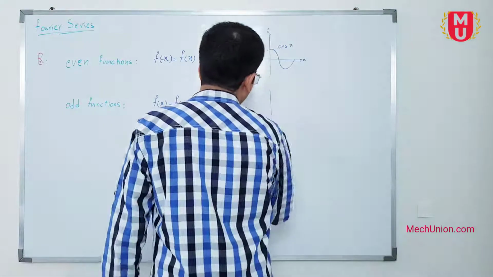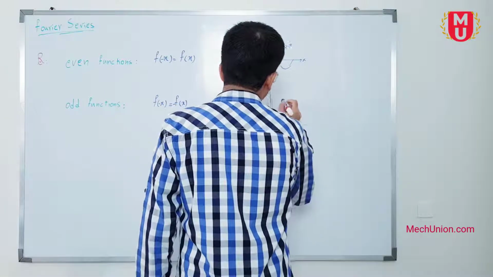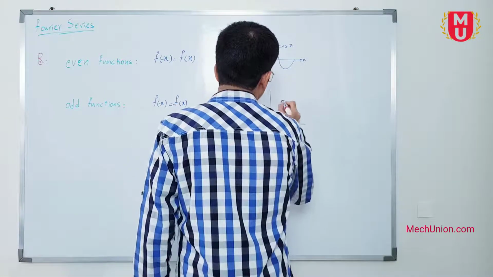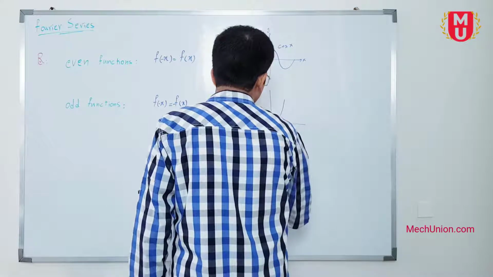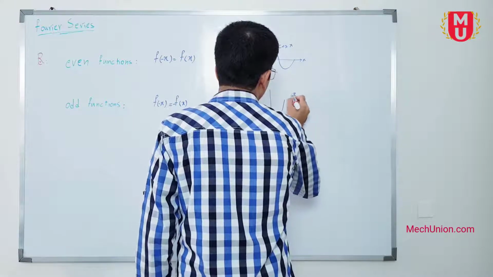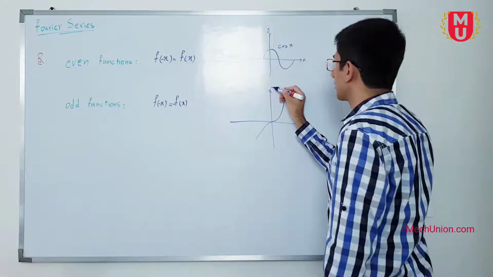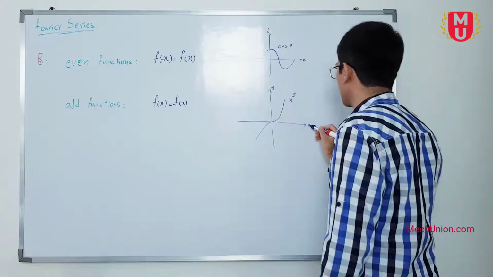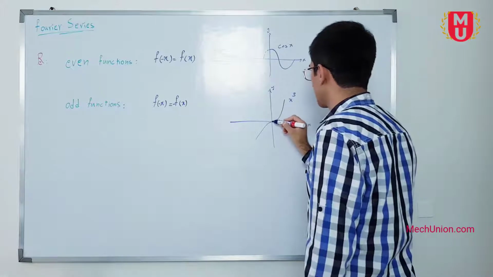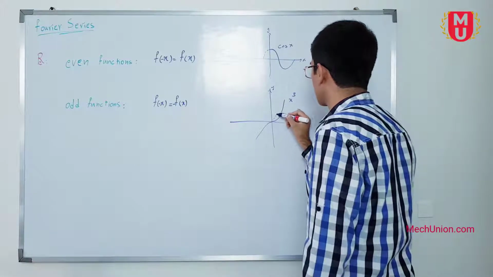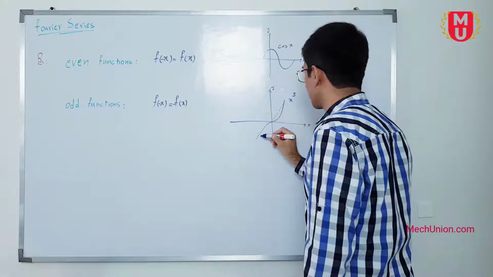And it's symmetric corresponding to the center of coordinates. As an example, take a look at the x to the power of 3 function. This is x cubed. This is the y-axis, this is x. We see that this is symmetric.